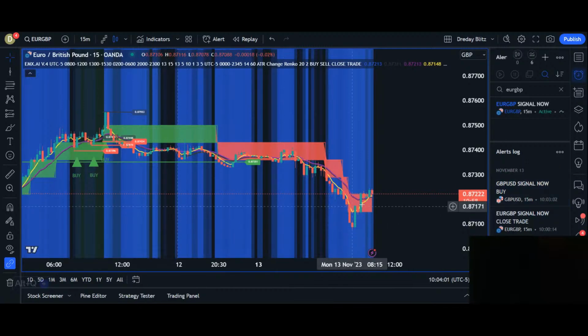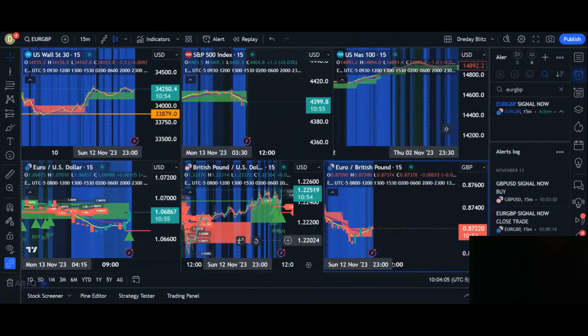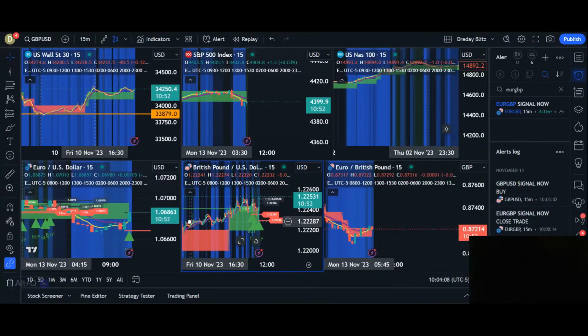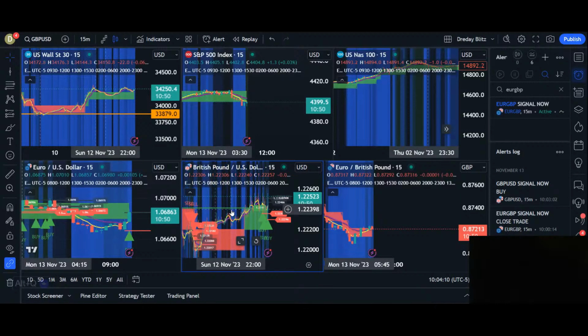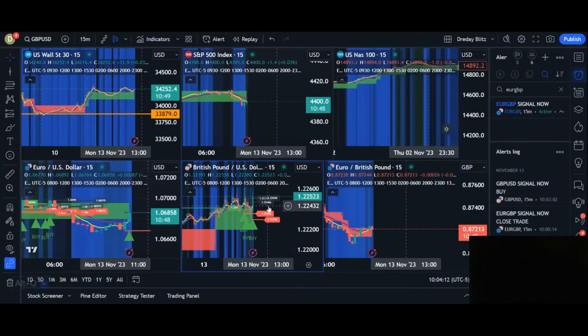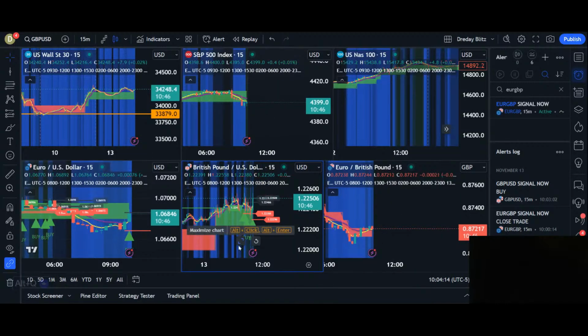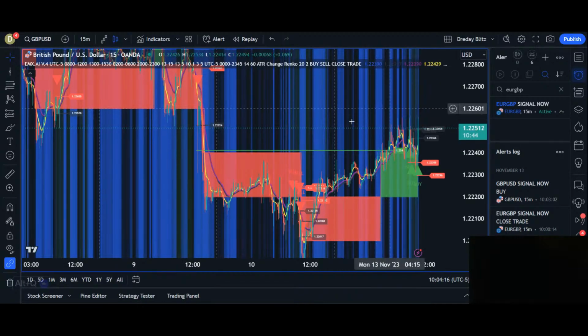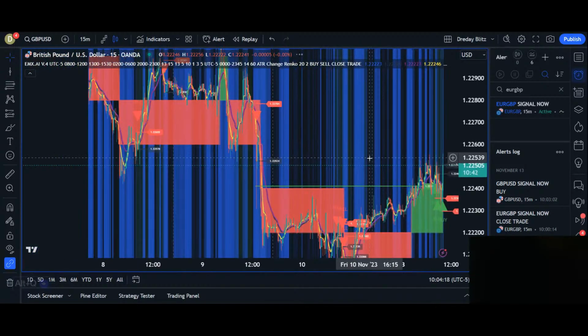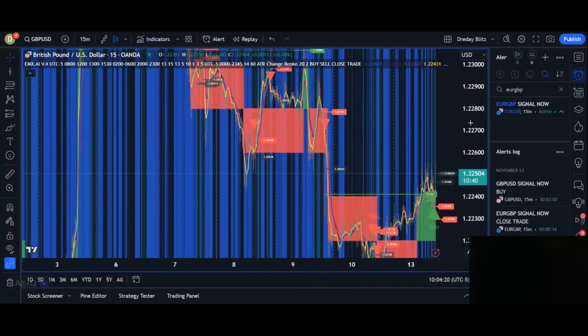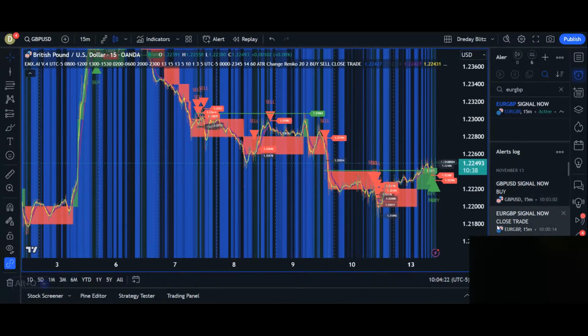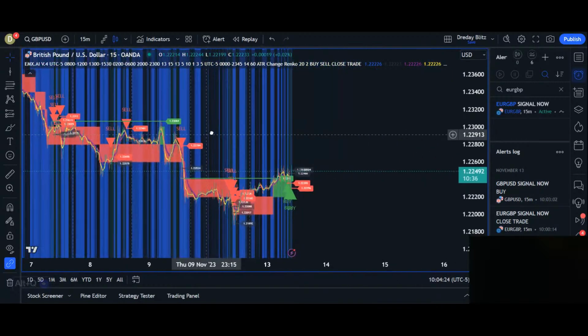GBP/USD buy. So let's look at GBP/USD for a buy. So let's open it up. Perfect. So I'm just gonna, oh, there you go.